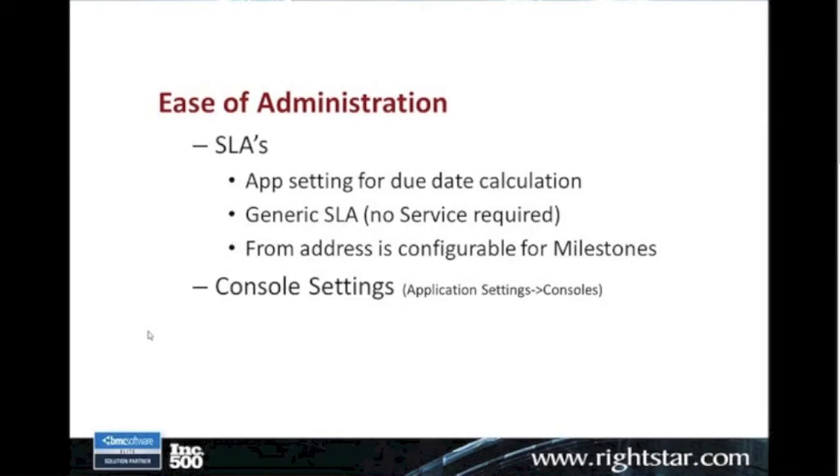The from address is configurable now, which simply means that if you wanted the notification to appear to go from a specific email address, that is something you can configure as it relates to your SLA milestones.